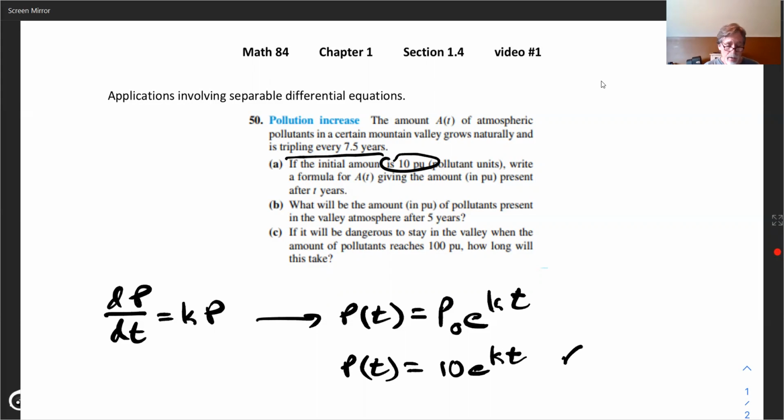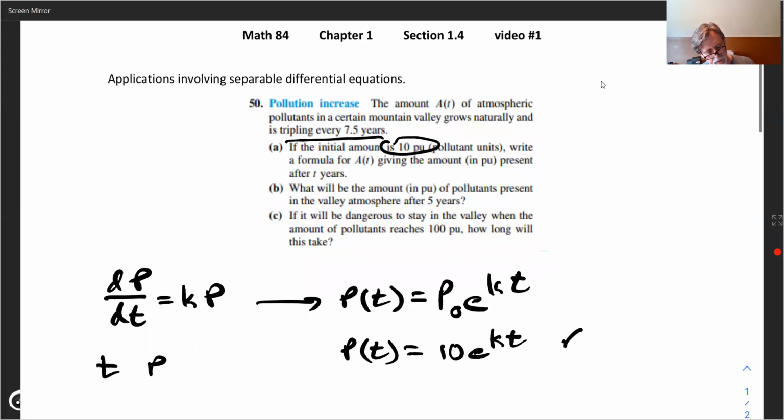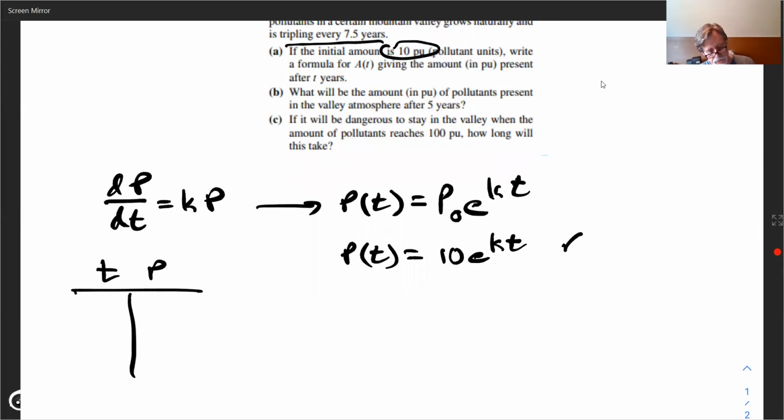Part B says, how many PUs are going to be in the valley after 5 years? What we do in that case is, I remind students that this is really a function that we've gone to. We did the differential equation to reach it. At time t equals 0, you've got 10 PUs.